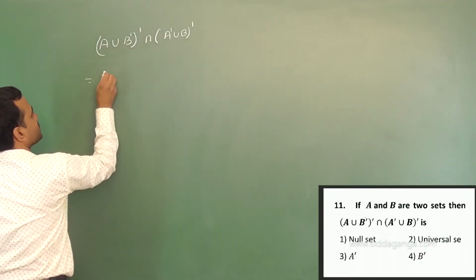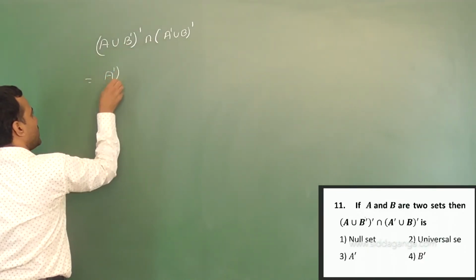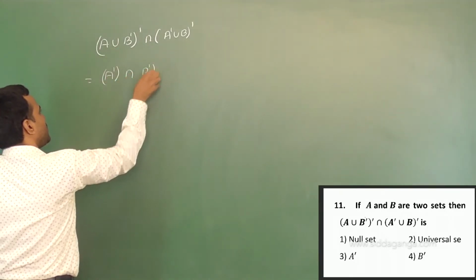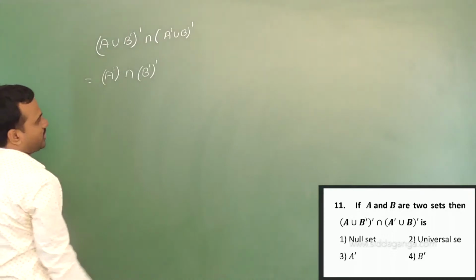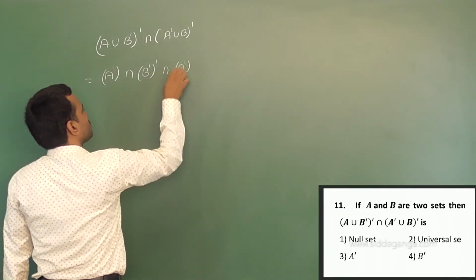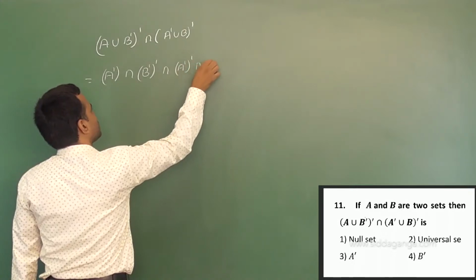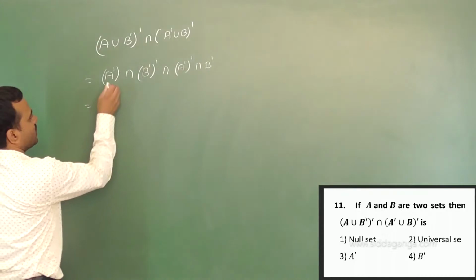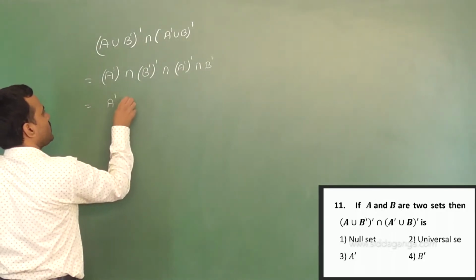According to De Morgan's law, we can write this as A dash union B dash whole dash intersection A dash whole dash intersection B dash. A dash is A dash only.